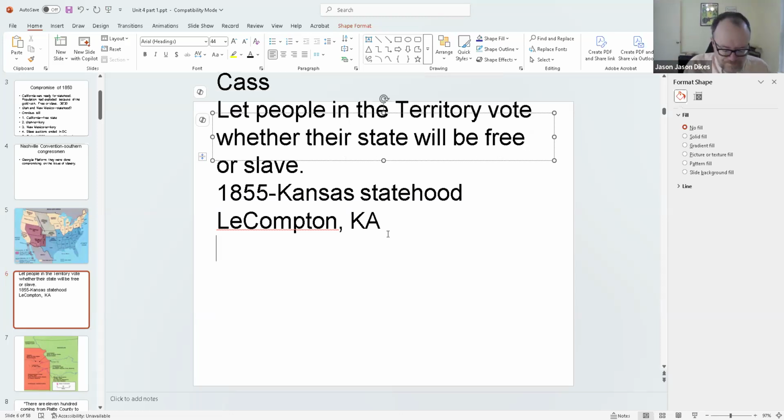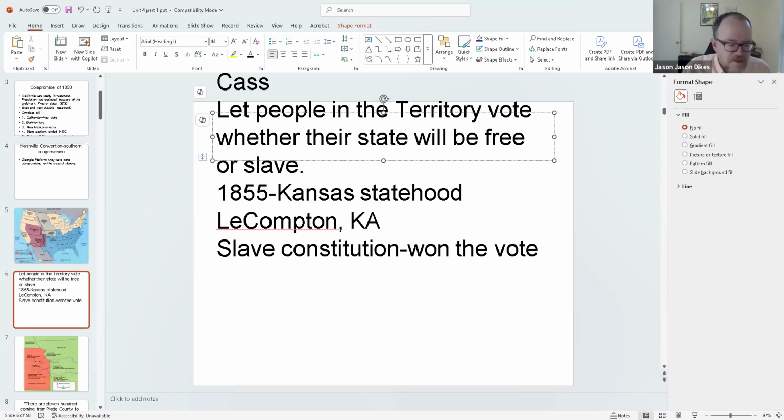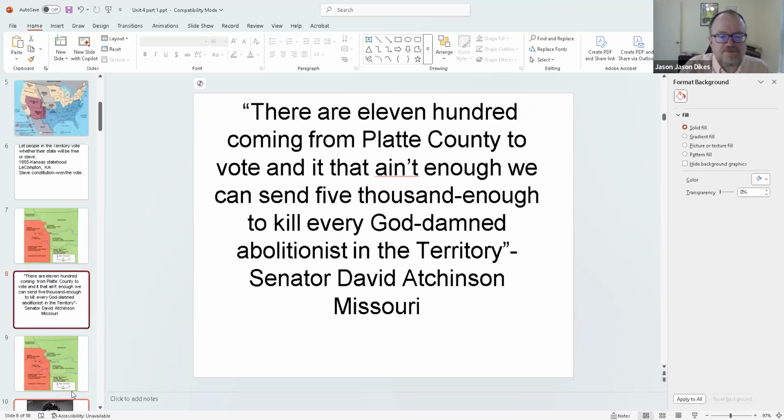But on that day, the voters of Kansas picked the slave constitution. The only problem, though, is it wasn't just the voters of Kansas.